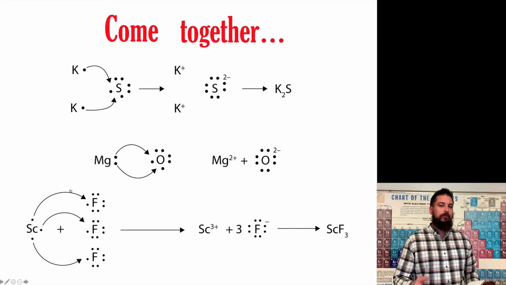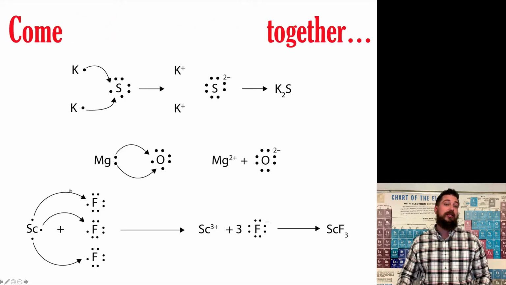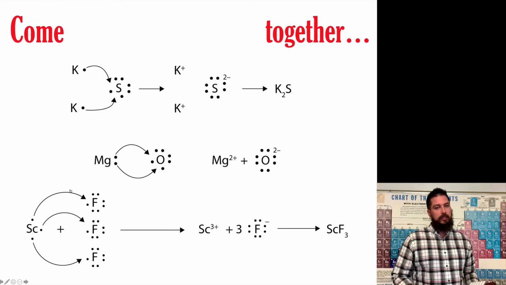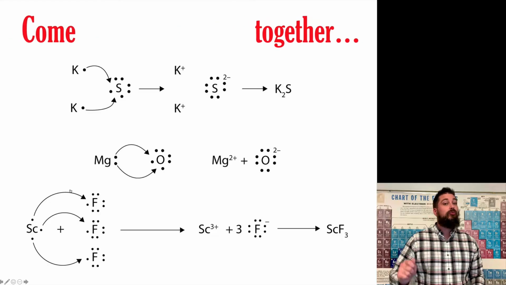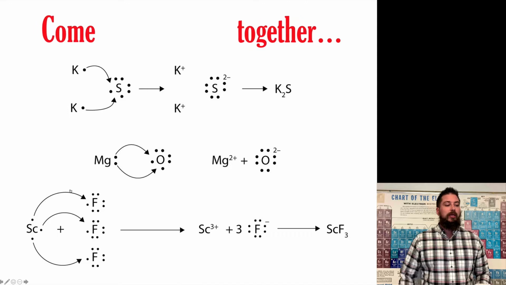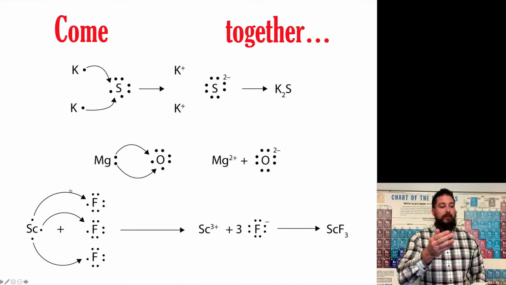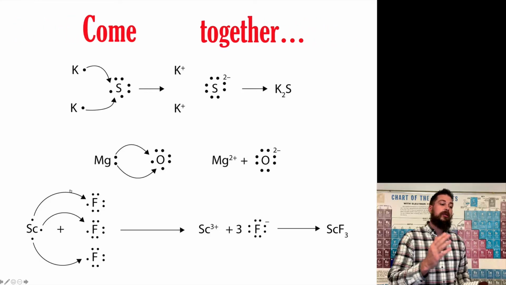All atoms want 8 valence electrons, so sulfur wants to gain 2 more. Potassium only has 1 to give, so we need 2 potassiums, each giving an electron to sulfur. It becomes S2 minus, each potassium becomes 1 positive, and the formula is K2S.